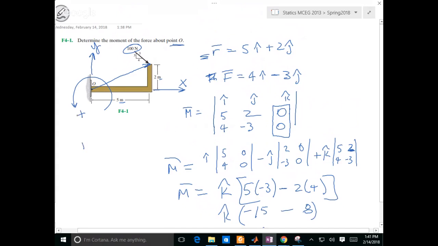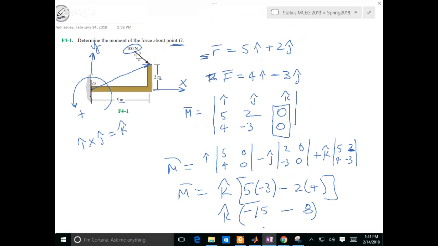If you cross I with J, you get K. So that means you take your hand on X, I, whatever, and cross it to J. Then the moment that twist comes with your thumb coming at you, that is positive. So this is saying it's twisted the opposite way. It's twisted into the board.